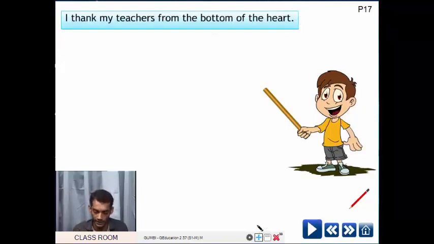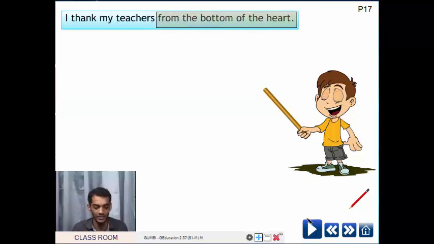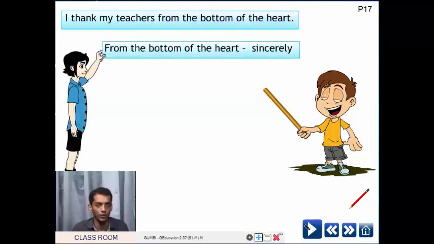Can you guess the meaning? How do you thank people who help you when you are in need of help? From the bottom of the heart means sincerely. Very good. Children, so far you learned a few idioms and their meanings.